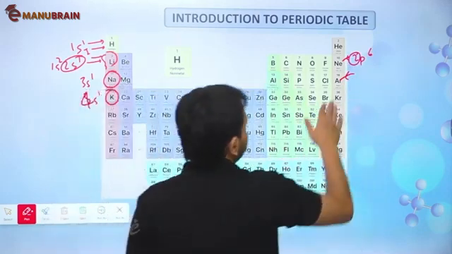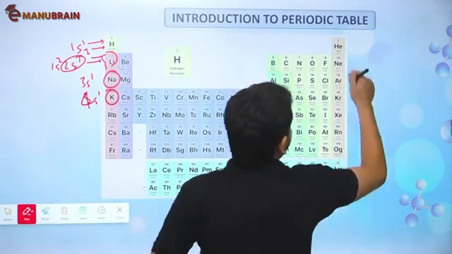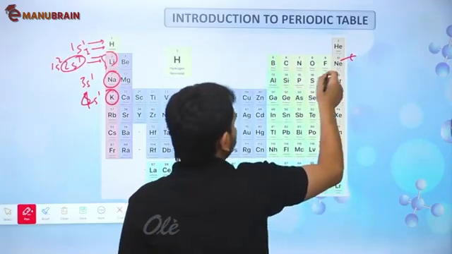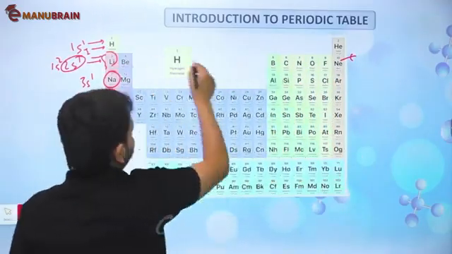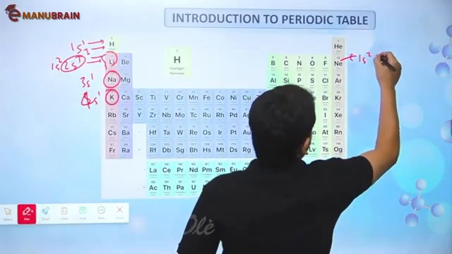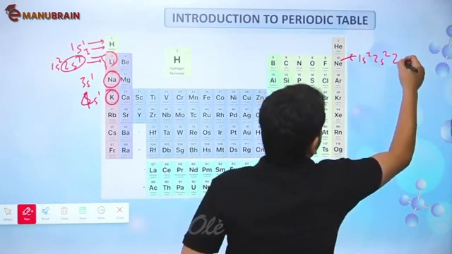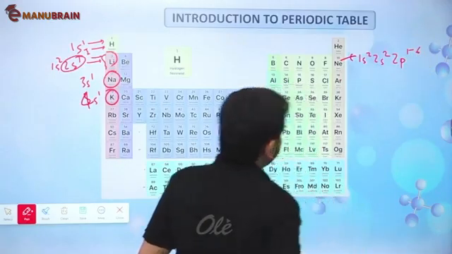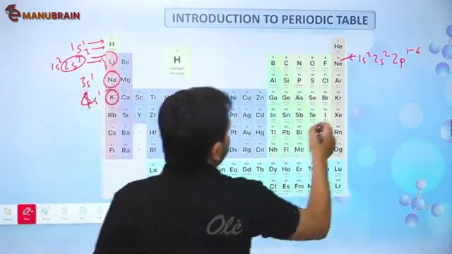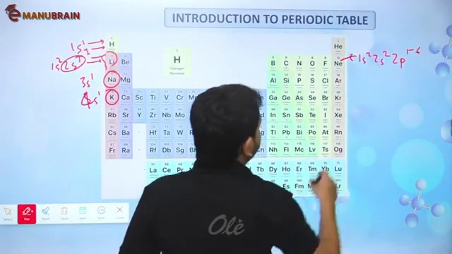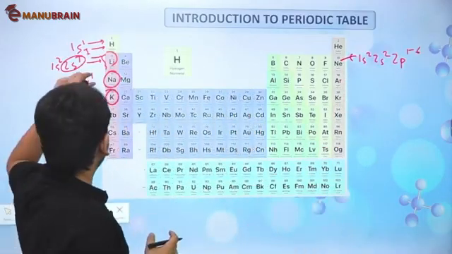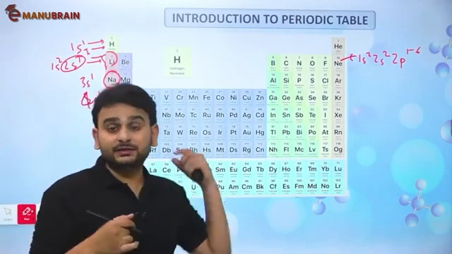The first orbital will definitely get filled over here. Neon also, anything over here. In this second period, it will be 1s2, 2s2, until 2p from 1 to 6. If you're talking about the second period. Similarly, if you're talking about the third period, the final shell that will get filled is the third shell.